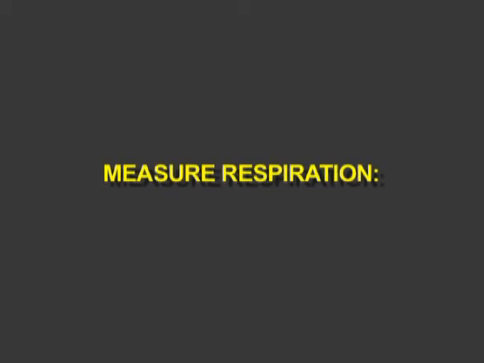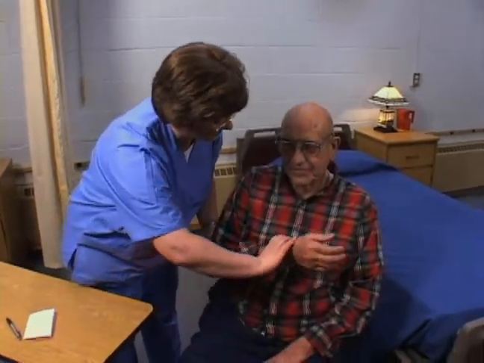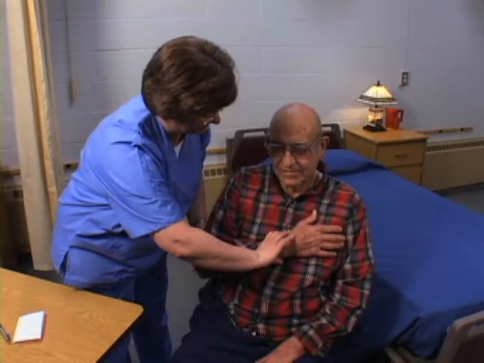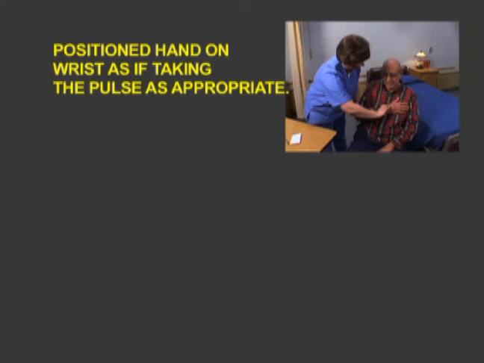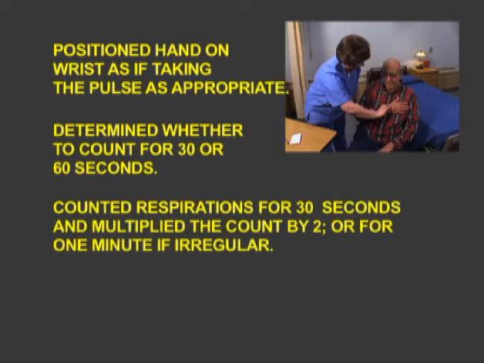Measure respiration. I need to check your vital signs. Position hand on wrist as if taking the pulse as appropriate. Determine whether to count for 30 seconds or 60 seconds. Counted respirations for 30 seconds and multiplied the count by 2, or for 1 minute if irregular.